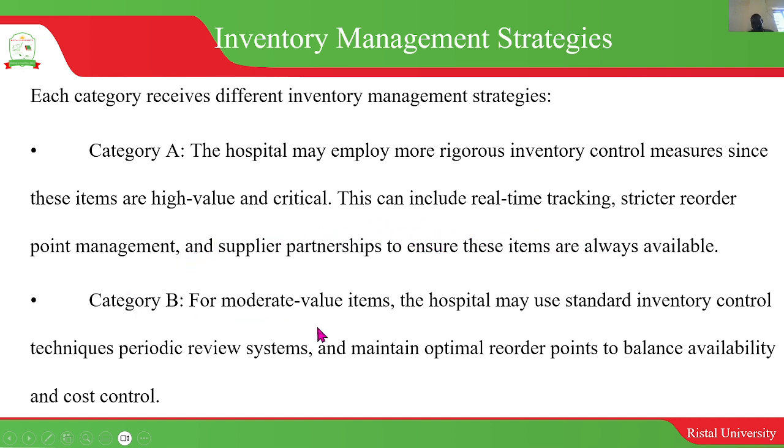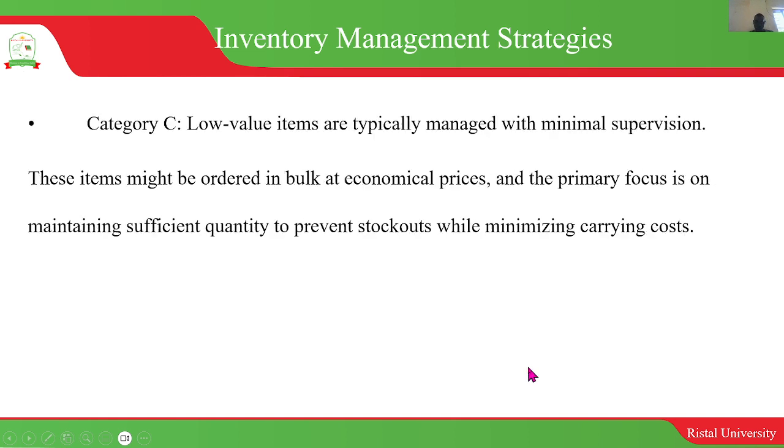For category B, since they are moderate items, the hospital may use standard inventory control techniques, periodic review systems, and maintain optimal reorder points to balance availability and cost control. Category C, our bandages and all the rest, are typically managed with minimal supervision. These items might be ordered in bulk at economical prices.